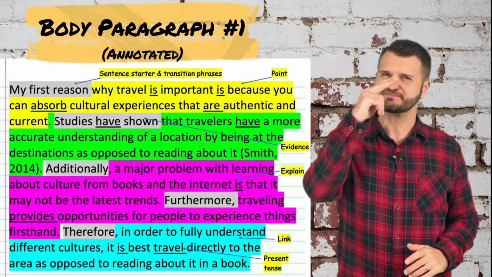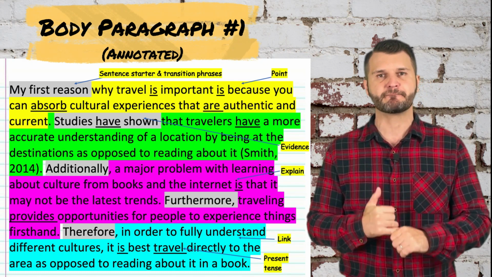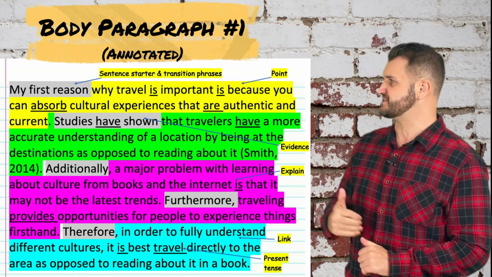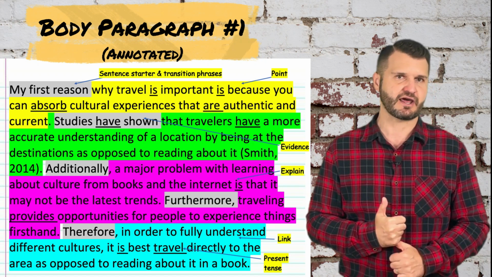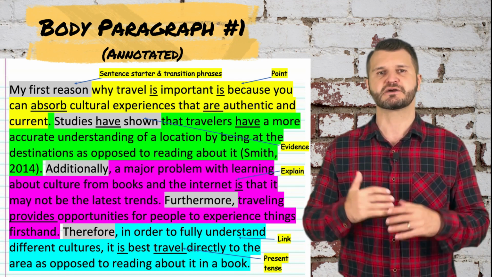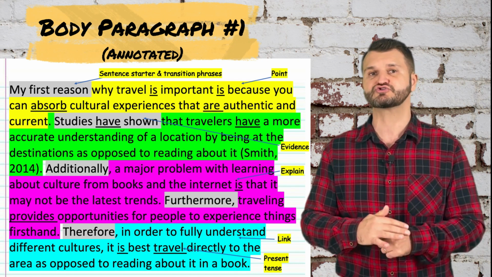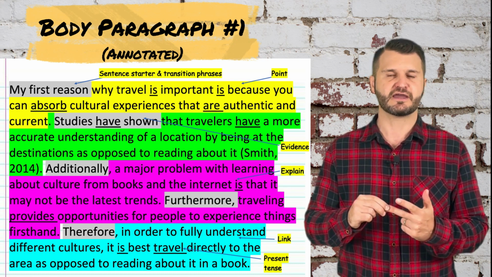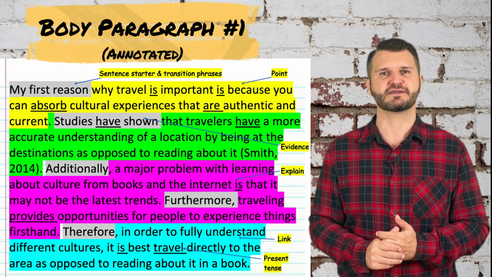Okay, so I hope you're able to spot some of the elements of the Peel strategy. So in this annotated paragraph, you can see our point clearly in yellow. My first reason why travel is important is because you can absorb cultural experiences that are authentic and current. Then we back up our point in green.